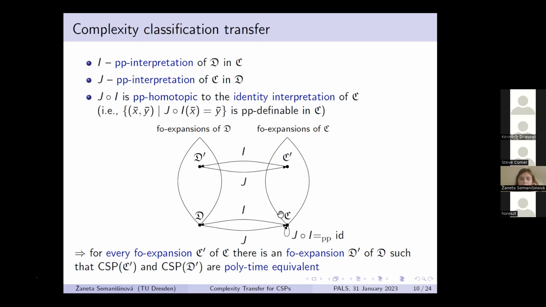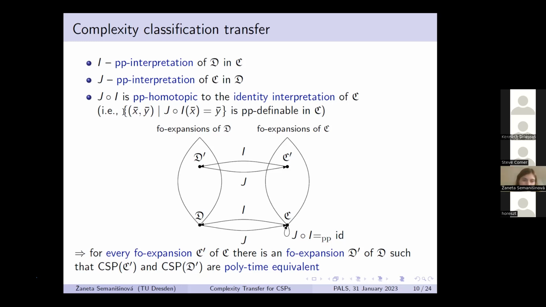And we are able to PP interpret D in C and C in D by some pair of interpretations. And we have an additional property that the composition of these interpretations is well behaved. It's called PP homotopic to the identity interpretation.